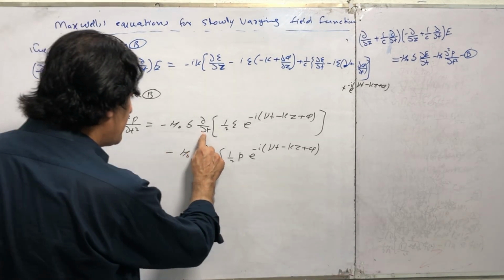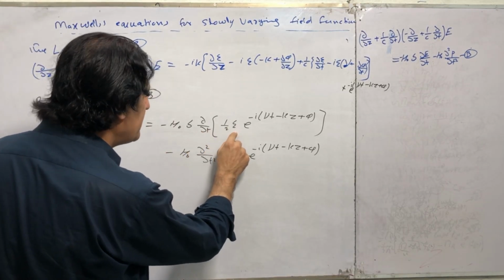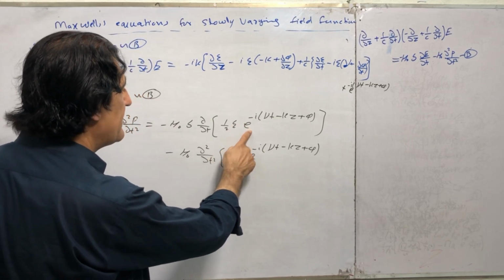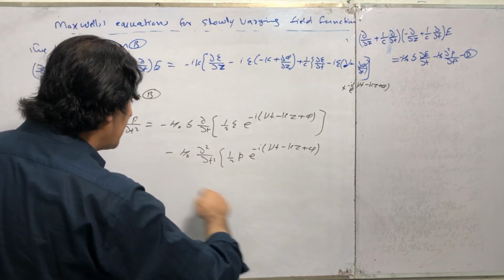This is the same process. We will take the derivative of this because this is a function of space and time. So the product rule, and here we will take the double derivative.